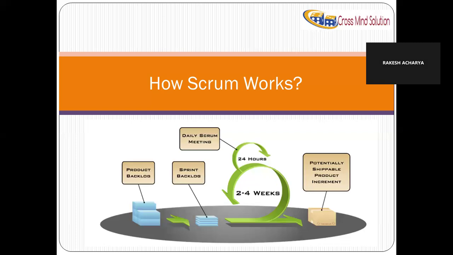Okay, so we calculate this estimation in two ways. One we call the story point, the other is the hour estimation. Generally, Agile says to work with story point estimation. Story point means you define your functionality based on complexity. If I say I have to just write a simple program, a simple login screen, I will say okay, it's very simple, so it is one story point, which might take maximum 8 hours of work for me.